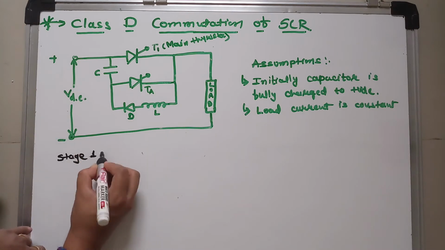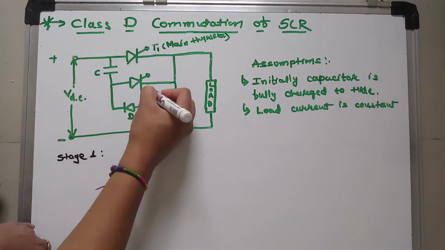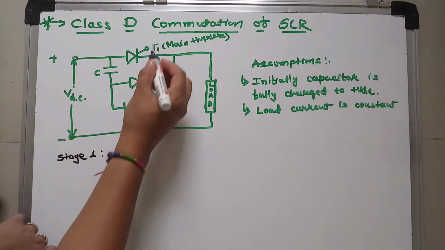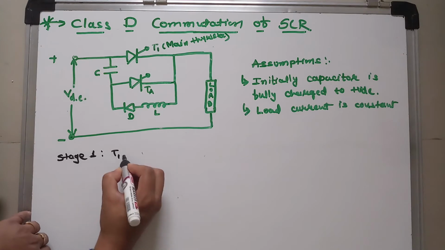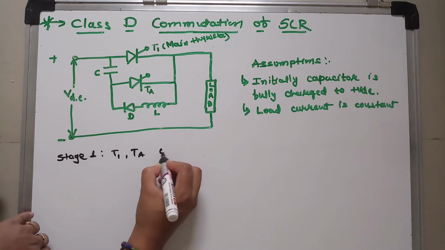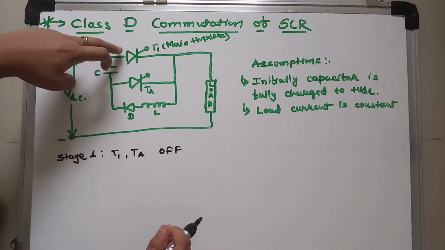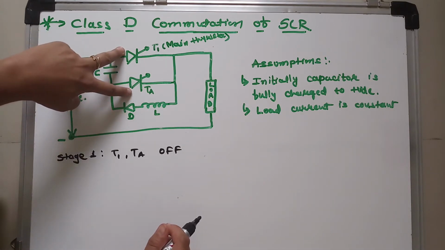In stage number 1, initially both thyristors, T1 and TA, are off.